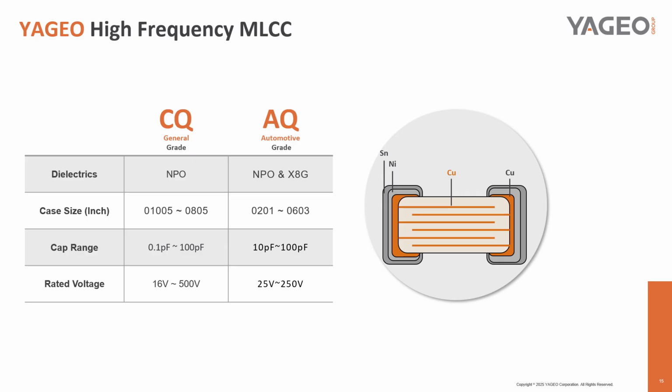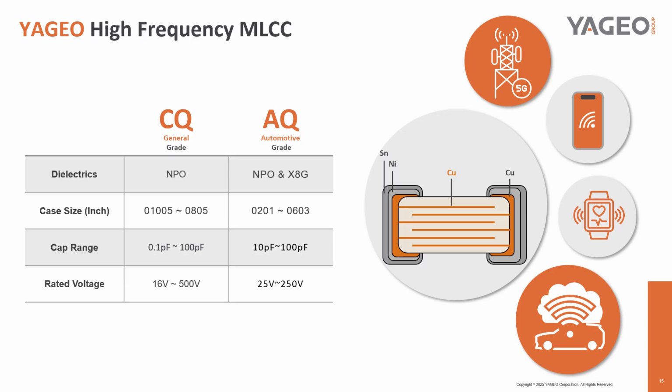It's a very similar internal structure. They have a copper electrode with a nickel outer layer and a tin outer shell. And then, of course, these apply to base stations, wireless phones, different wearables, and, of course, automotive driving.